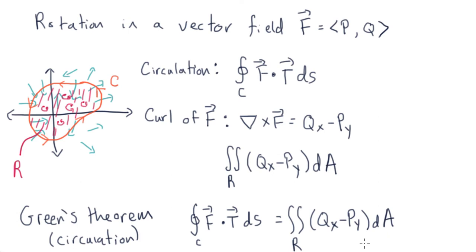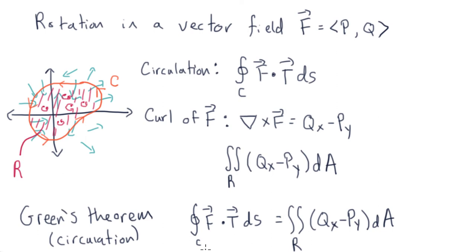And that's basically what this is saying. It's saying that if I want the curl or add up all the contributions of the rotation inside the region, all I really need to do is add up the contribution that I can measure on the boundary of the region. So it's relating something on the interior of the region to the boundary of the region, just like in the one variable case. So this is what Green's theorem says for circulation.